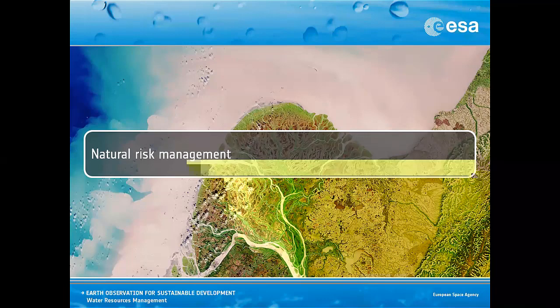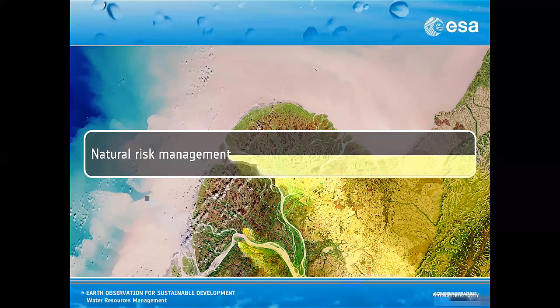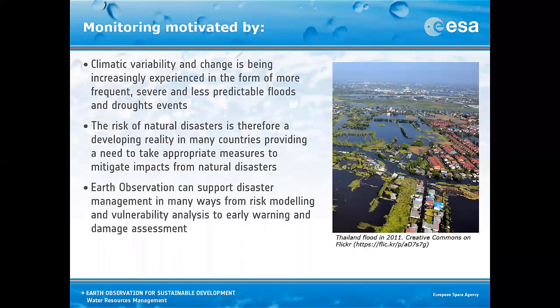As the next theme, we'd like to go over some aspects of how EO can support natural risk management. The motivation for looking into EO supporting natural risk can very much be seen in the context of climate change, which is real and which will result in more frequent, severe, and less predictable floods and droughts events.